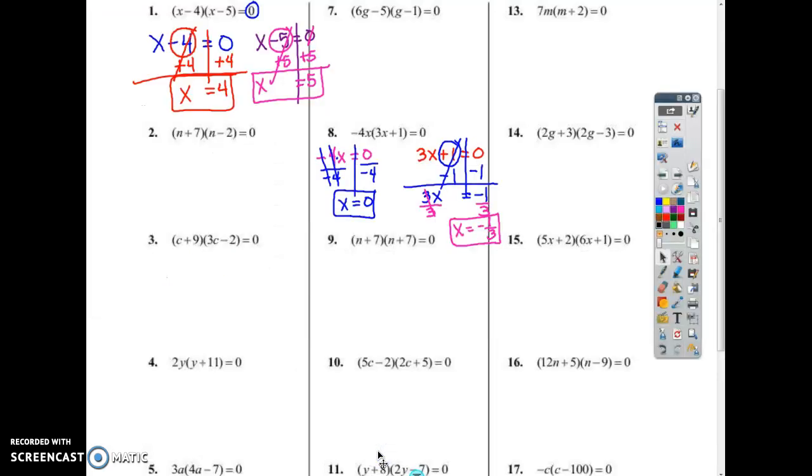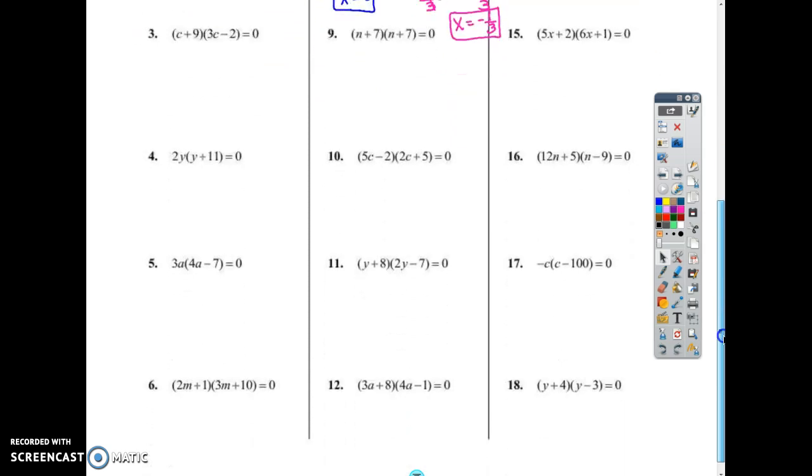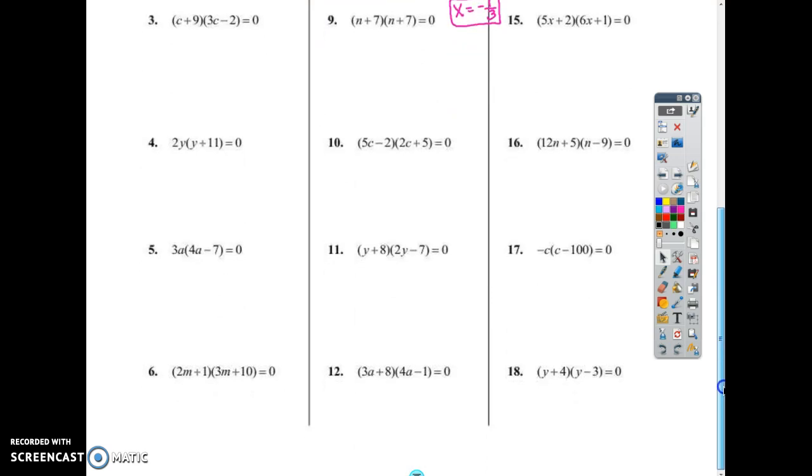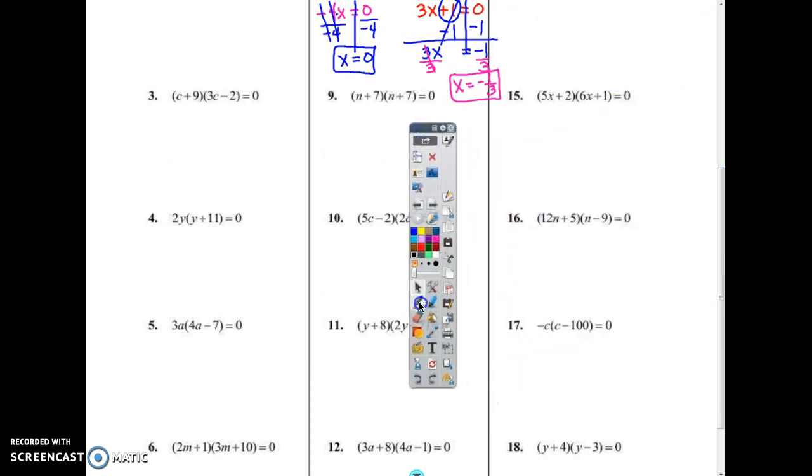Let's do one more. Let's do number 15. I have 5x plus 2 equals 0, and I have 6x plus 1 equals 0. What do I do first?